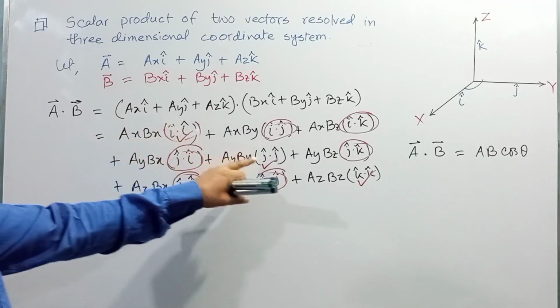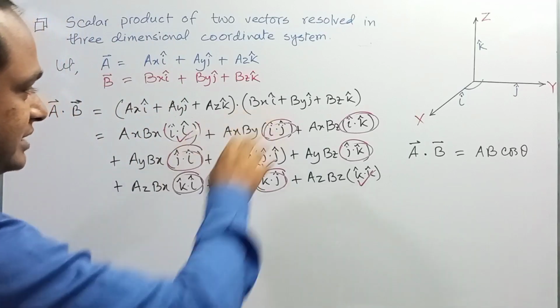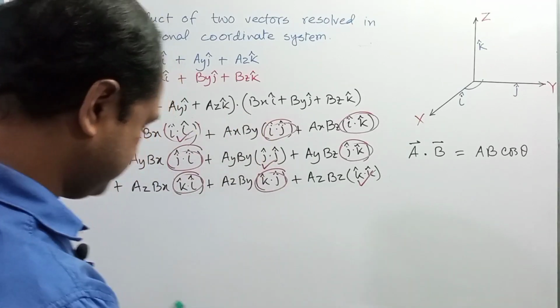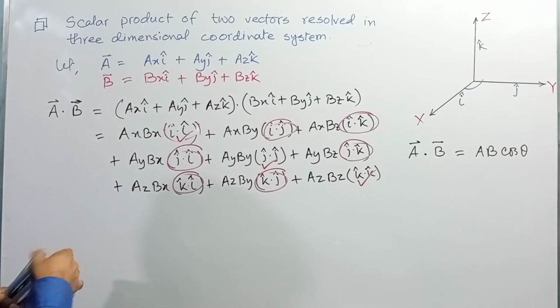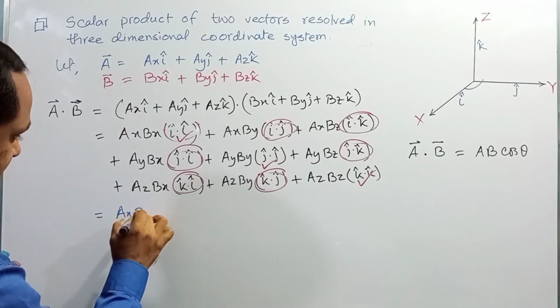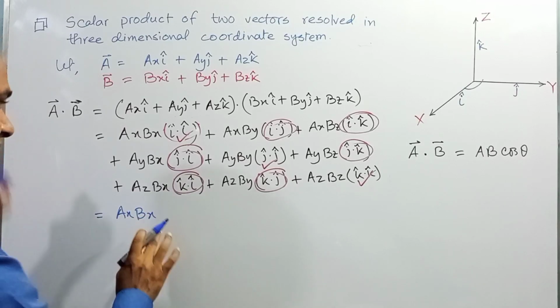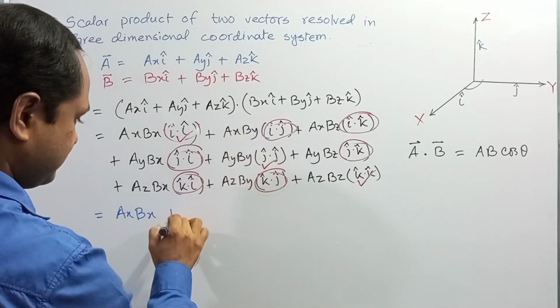So i dot i, j dot j and k dot k, these three parts will give 1 and the remaining 6 parts will give 0.